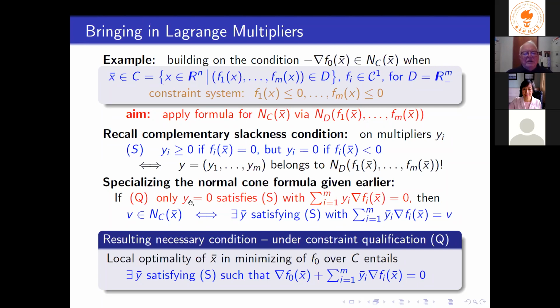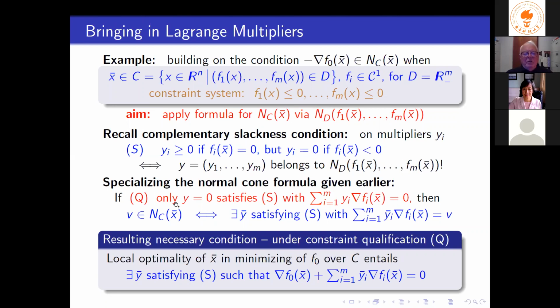In general, it was that if I look at the multiplier vectors y that could give this kind of condition as a linear combination, except for the 0 multipliers, there is no such multiplier vector in that set. But that set is now identified with complementary slackness.